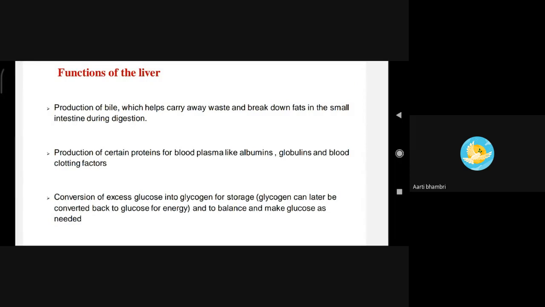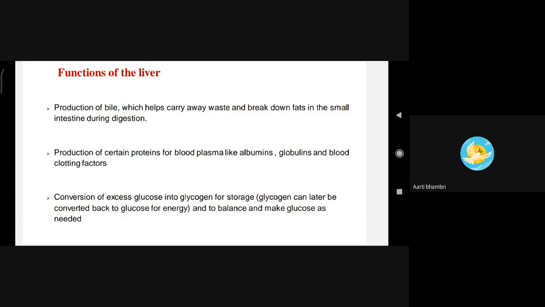Glucose is the simplest form of carbohydrate, from where we can get a large amount of energy. Our body needs glucose every time. So this glucose is stored in the form of glycogen.